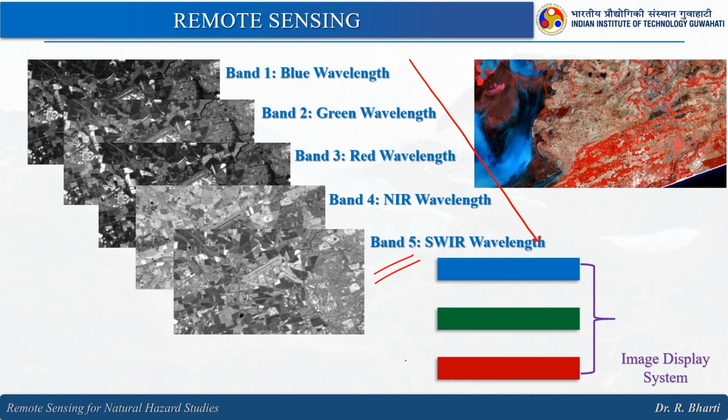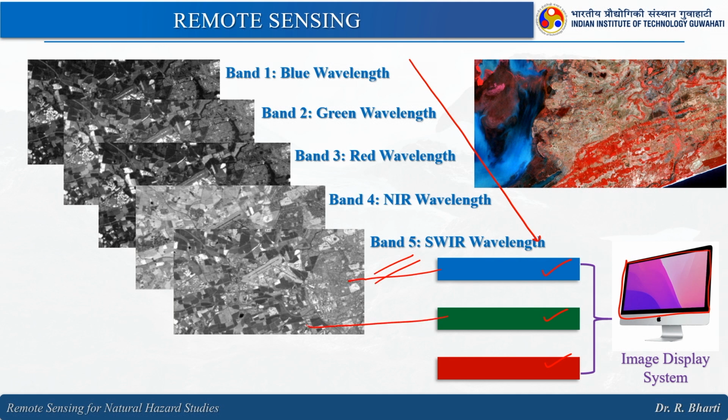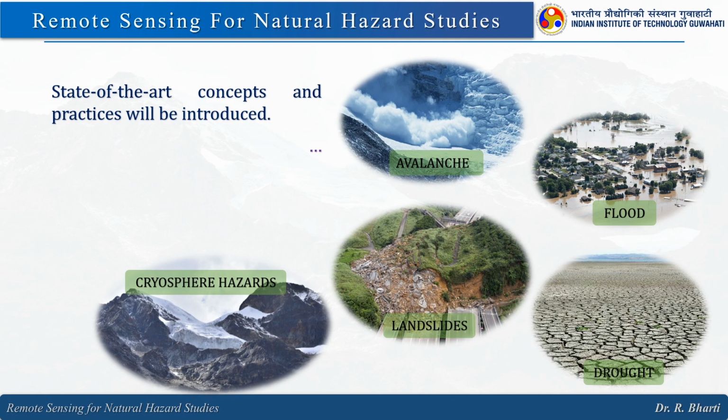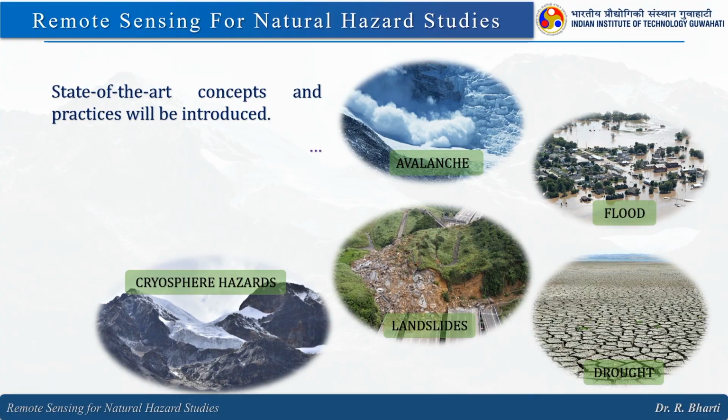You will also learn in this course how you can display your data in different color composites, right. A display system has 3 color guns, the primary colors, and you have the option to map them with any wavelength range data, right, and then display your image here.